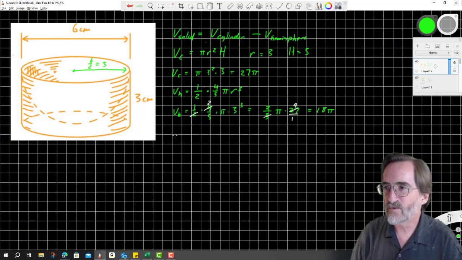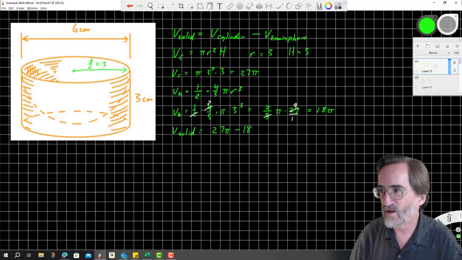So the volume of the solid then is the volume of the cylinder, 27 pi, minus the volume of the hemisphere, 18 pi. And those are like terms, so we can go ahead and subtract. 27 pi minus 18 pi is 9 pi. So the volume of the resulting solid is 9 pi.